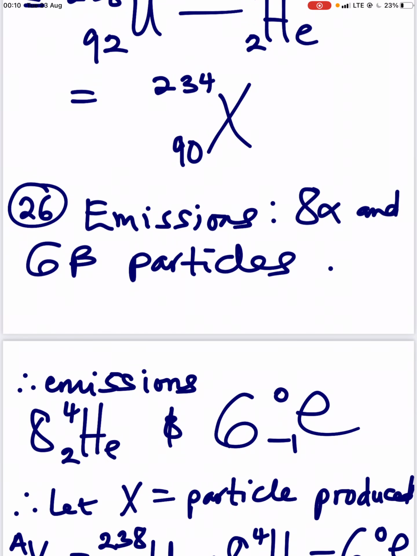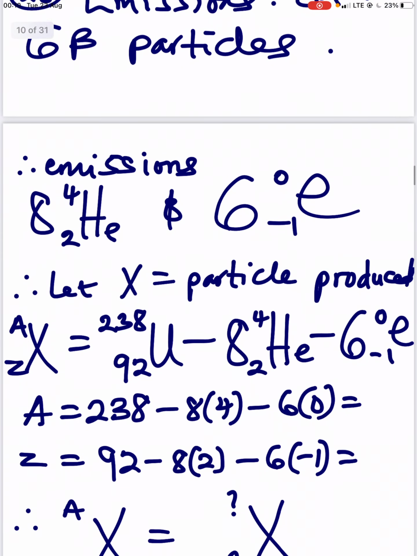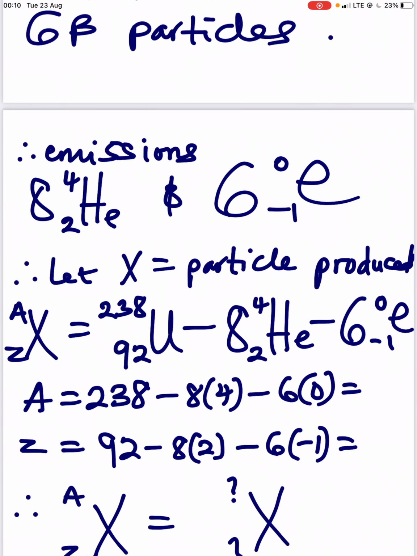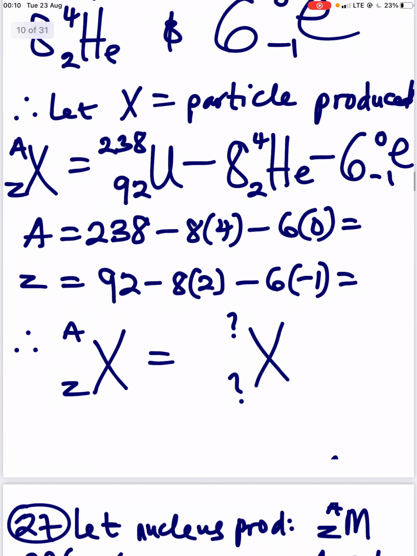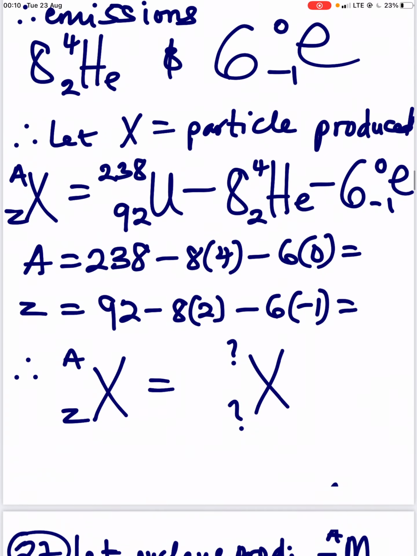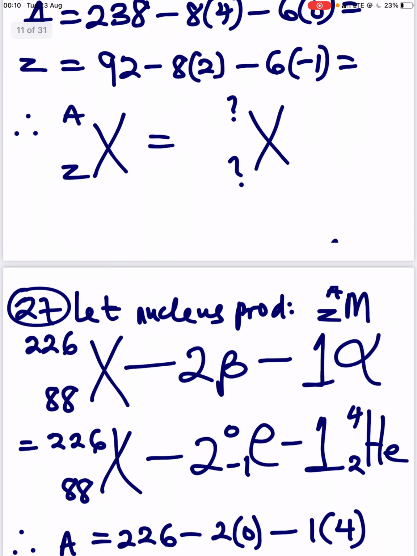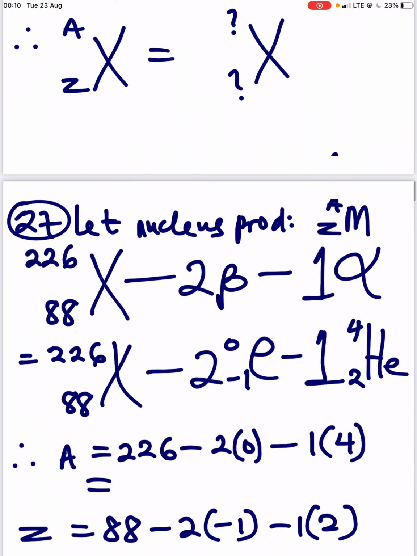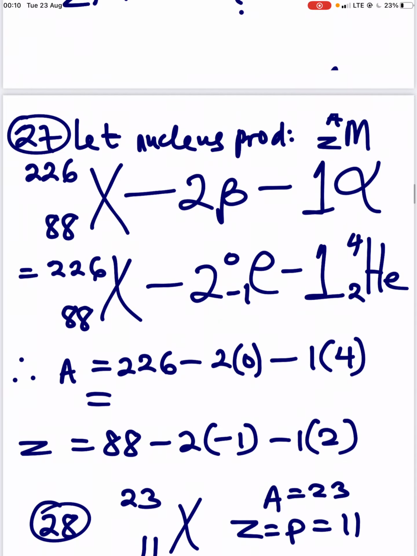In number 26, the emissions are 8 alpha particles and 6 beta particles. Let X be the particle produced. Uranium-238. If it emits 8 alpha particles and 6 beta particles, you do the question the same way and you will get the mass number and atomic number of X. Now here in 27, let the nucleus produced be M. The mass number and atomic number of M are given as A and Z respectively.